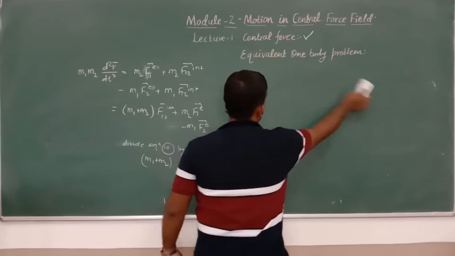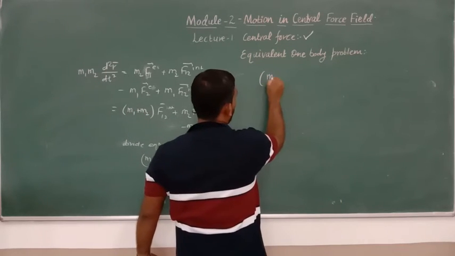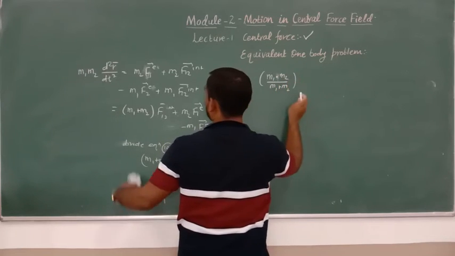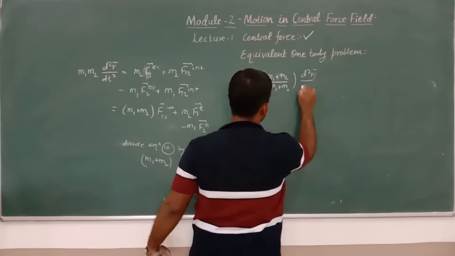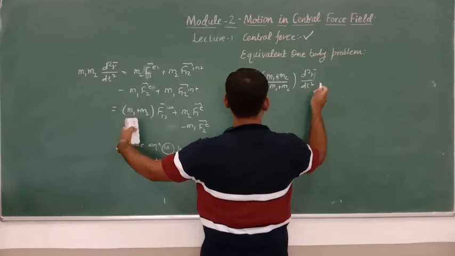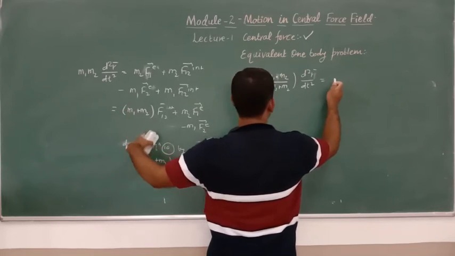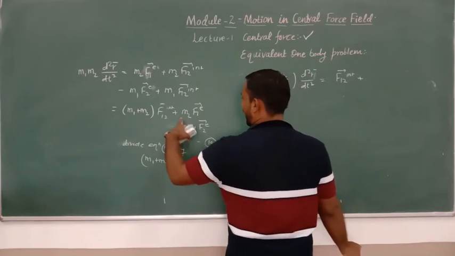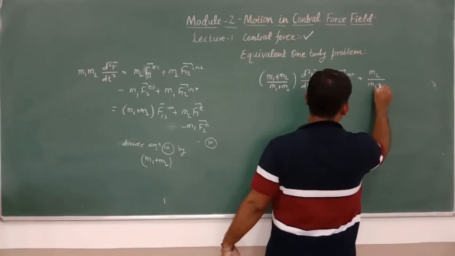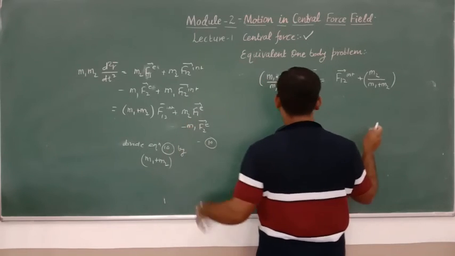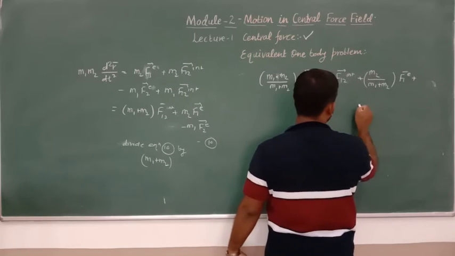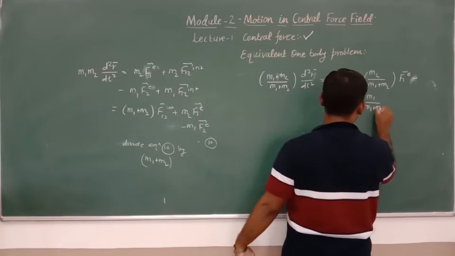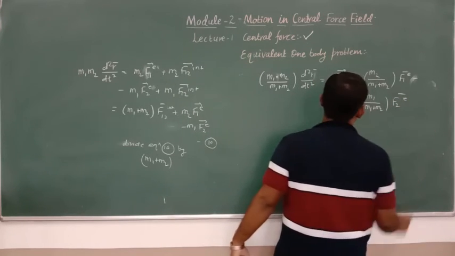Let us try to write this. m1 m2 upon m1 plus m2 times d2 r bar by dt square is equal to, the m1 plus m2 cancels out, f12 internal plus m2 upon m1 plus m2 f1 external minus m1 upon m1 plus m2 f2 external.